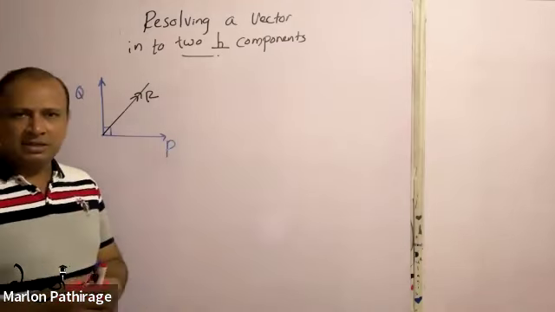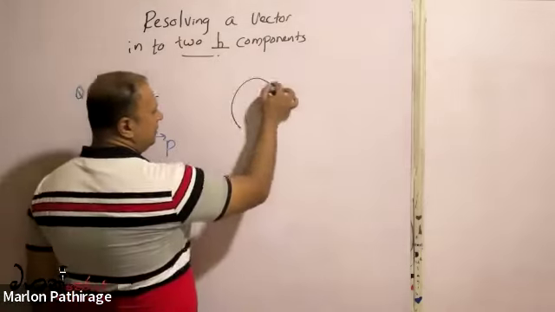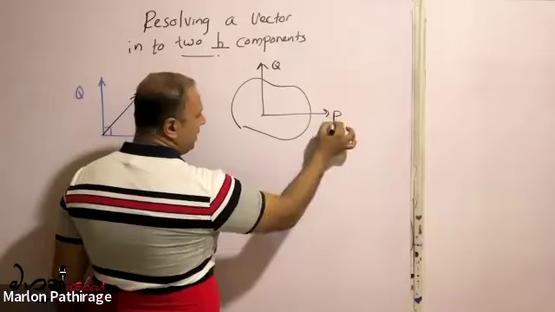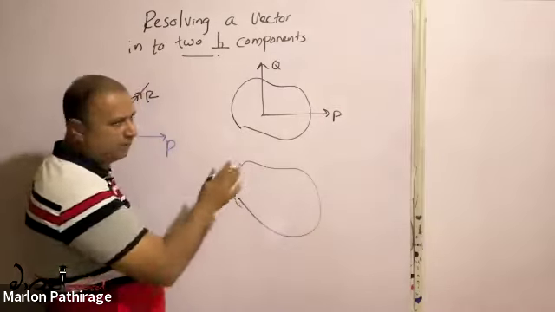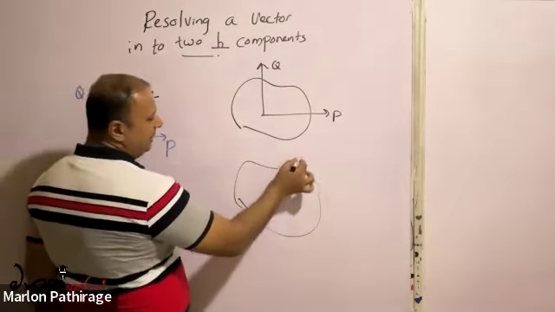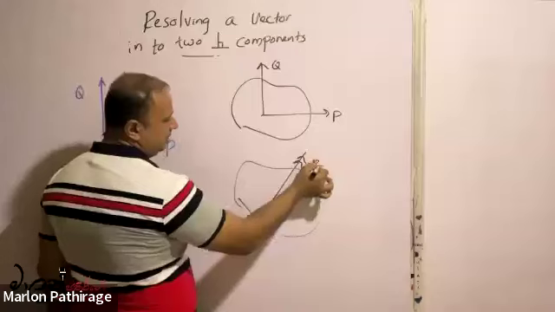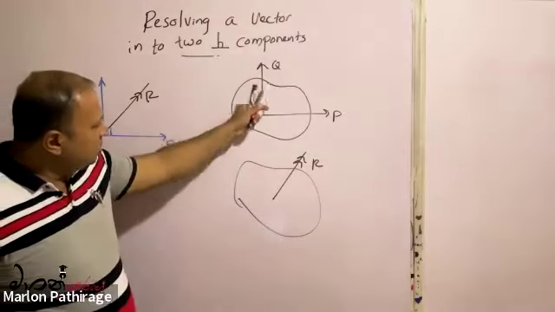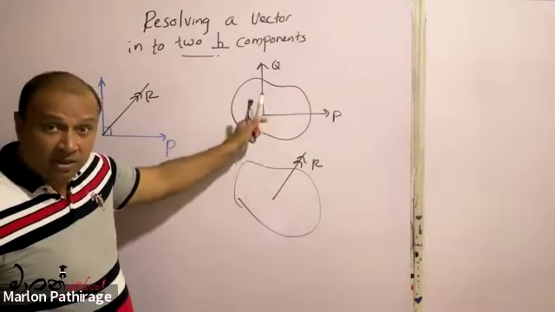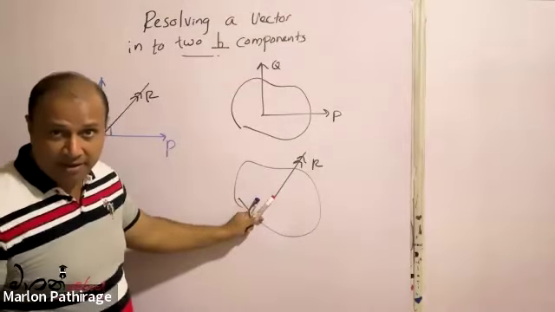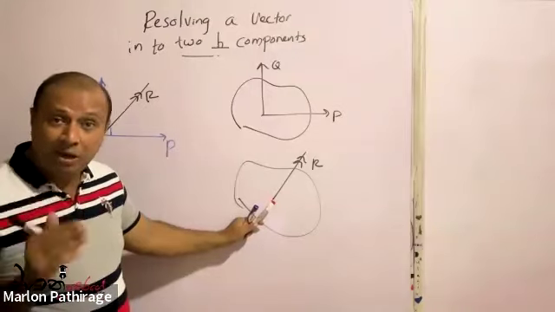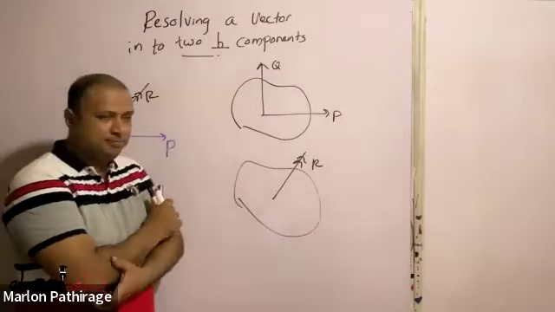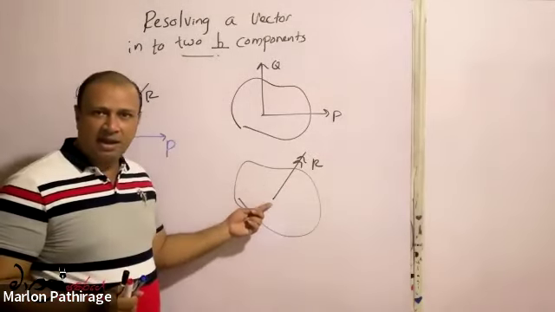Suppose now there's an object with two forces, Q and P. And there's another object, suppose these two objects are equal, with only one force, which is R. You know the resultant force of Q and P is equal to R. Therefore, the final output of these two systems is the same.